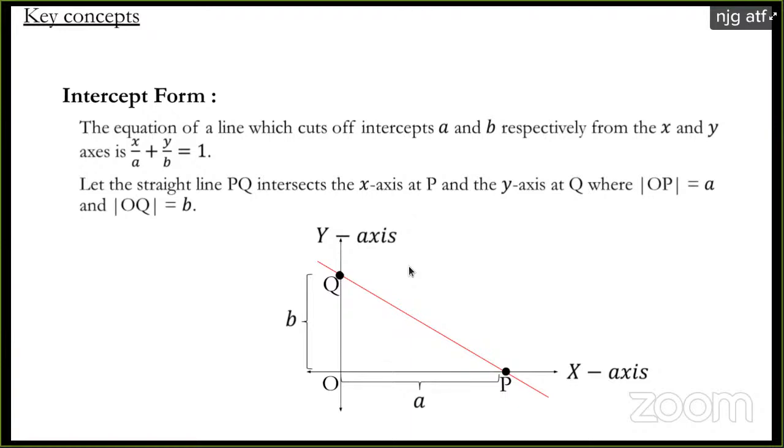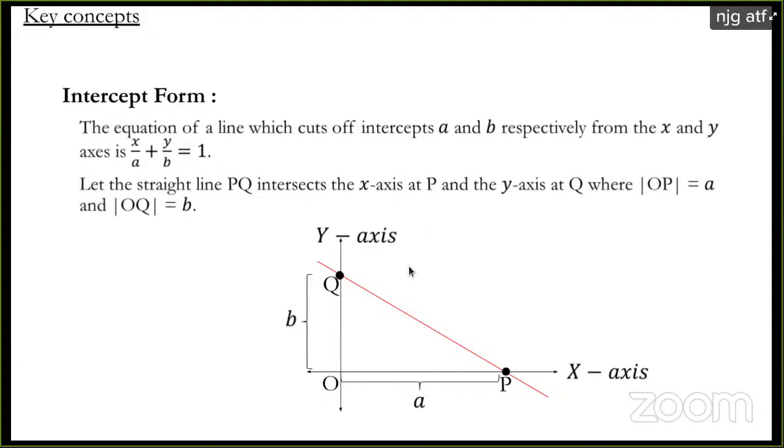The equation of a line which cuts off intercepts a and b respectively at the x-axis and y-axis. Intercepts are basically the distances from the origin to the point where the line cuts the axis.